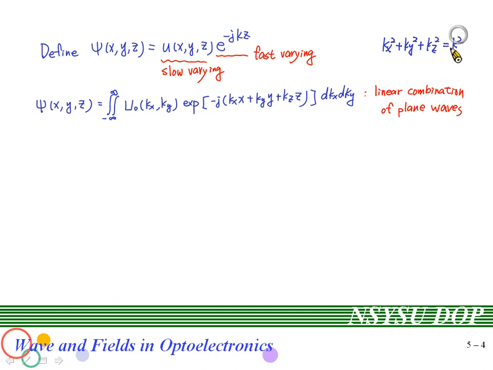So if we fix the value of k, then as you change kx and ky, you will obtain the corresponding kz. What I mean is that for fixed k and a set of kx and ky, kz will also be fixed. Okay? So the integral here just has dkx and dky.